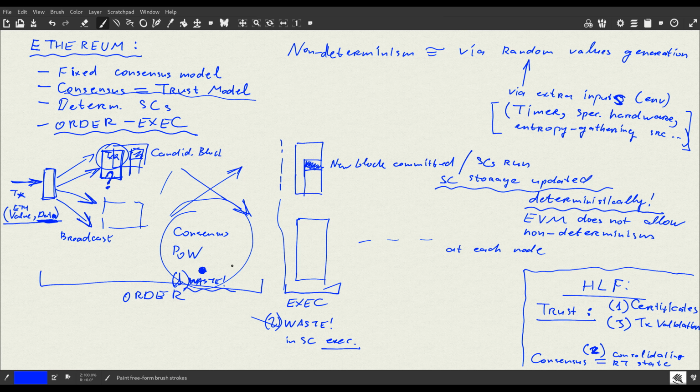So, okay, what can we do for Hyperledger if we want to depart from this Ethereum model? Sorry, one more point. Because the transactions are executed by all nodes here, then obviously it is a fully open, public network.